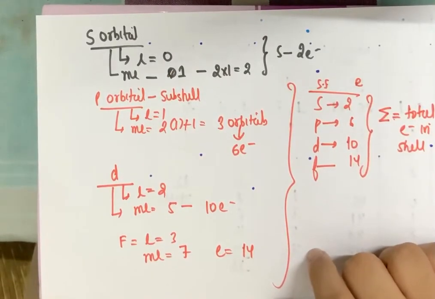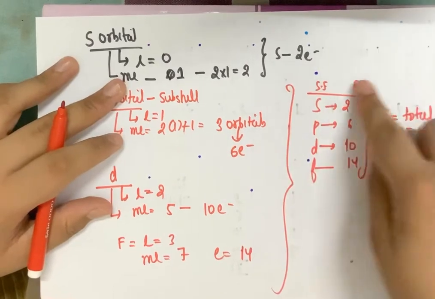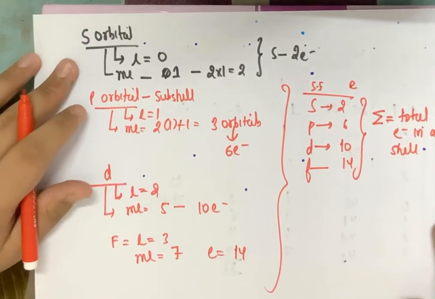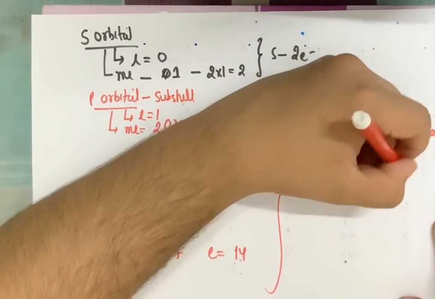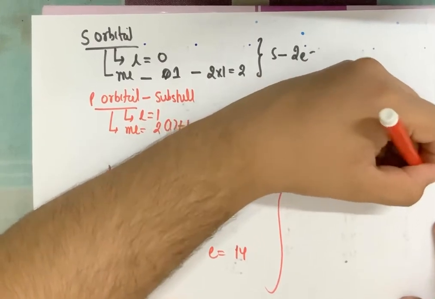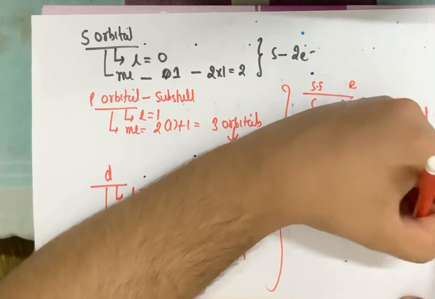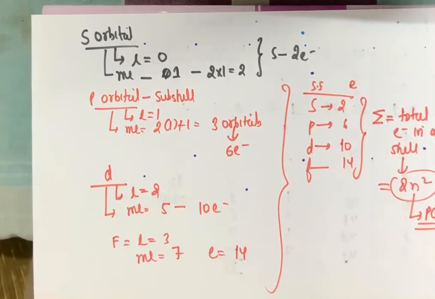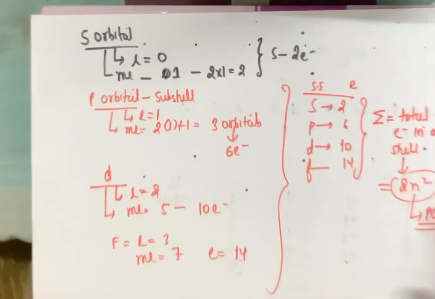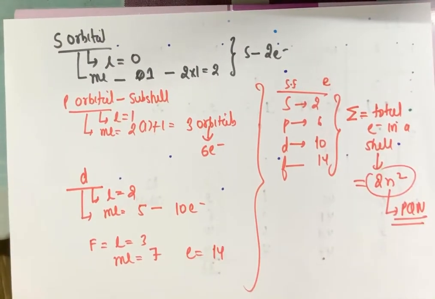Okay, total electrons in a shell will be the sum of all the electrons across all subshells and orbitals. Okay, and this should be equal to 2n square for that shell, where n is the principal quantum number of that shell. Okay, यही concept हमने इसमें use किया है. Okay, I hope this is clear.